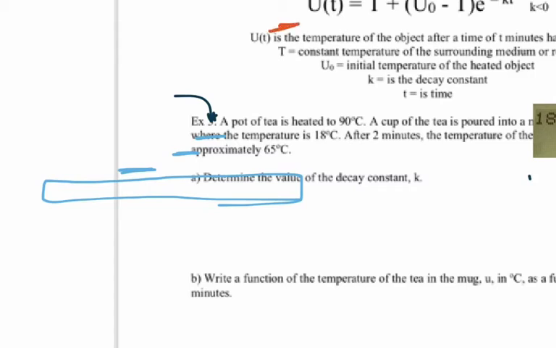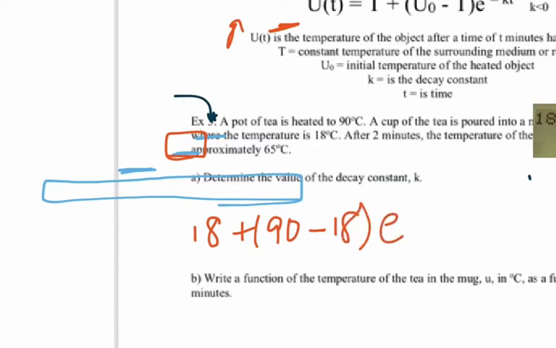Where it says the outside temperature is 18 degrees, that's going to go into the T spot. So let me start putting some stuff in. So it's going to be 18 plus 90 minus 18 e to the negative k. We don't know what the k value is, by the way. That's what we're looking for.